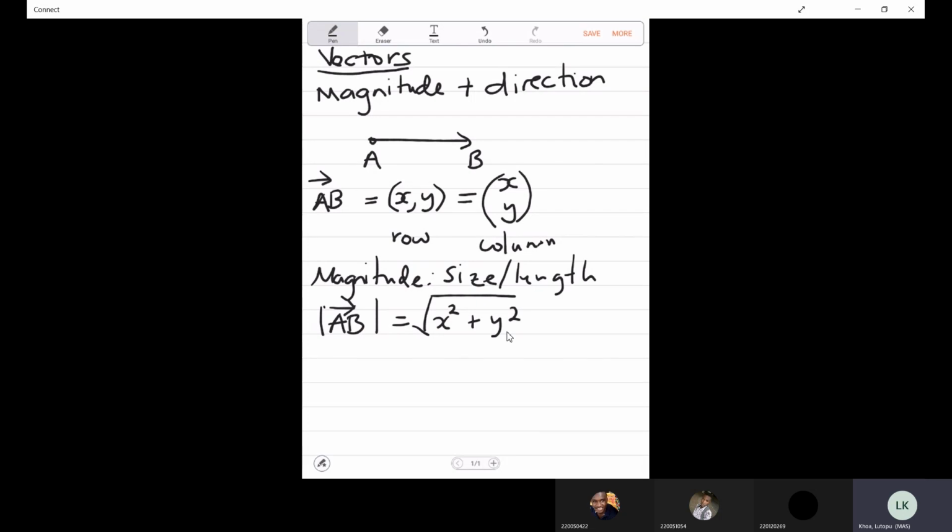Now, a unit vector has a magnitude of 1. So that means when you work out the magnitude of that vector and you get 1, that is a unit vector.